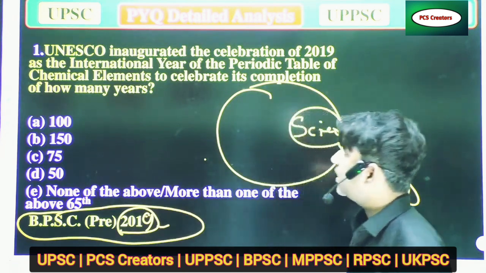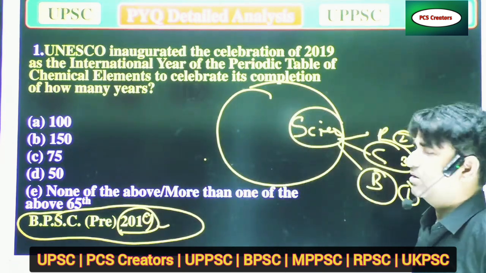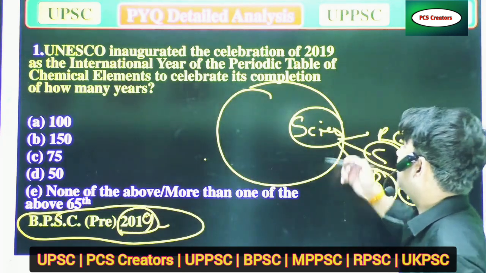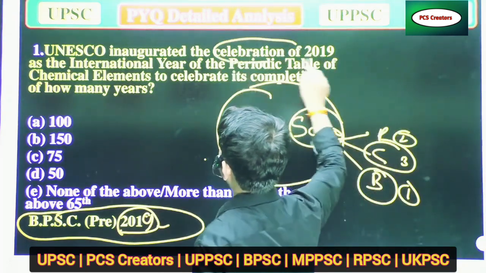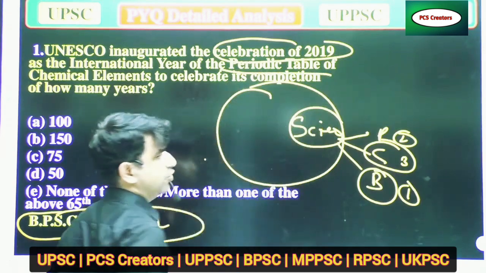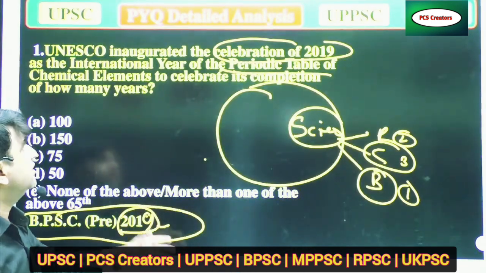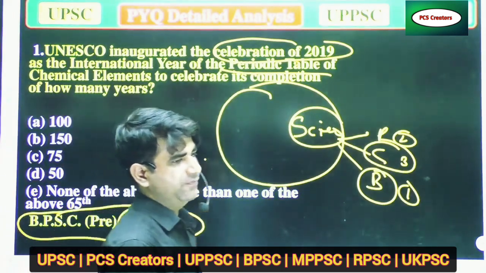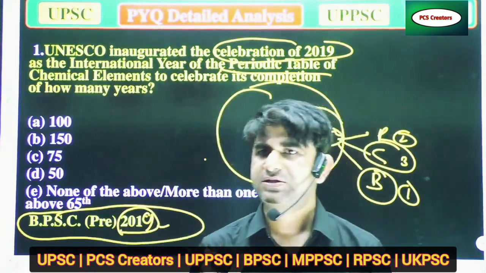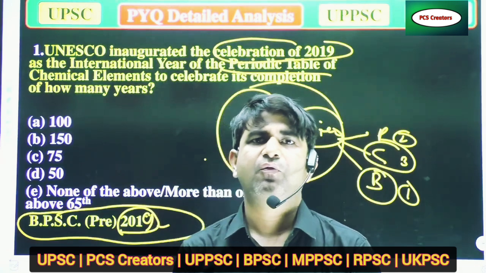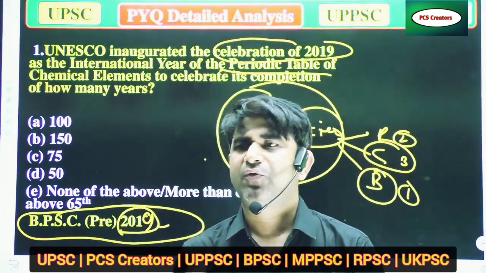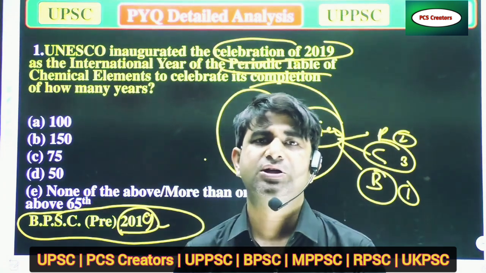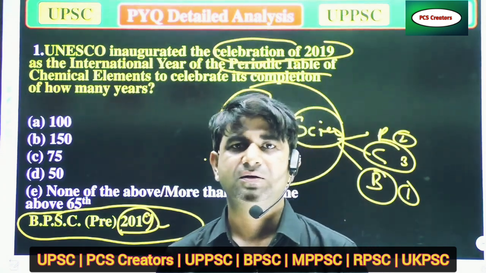So UNESCO, United Nations, I think you know about it, inaugurated the celebration of 2019 as the International Year of the Periodic Table. From this we can understand when the periodic table was made. The first step towards a proper periodic table was taken by various scientists like Newlands, with the Octave rule. But a proper shape of the periodic table was given by Mendeleev.